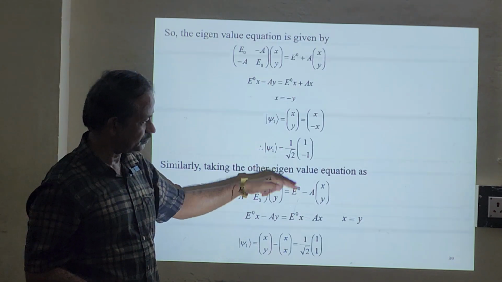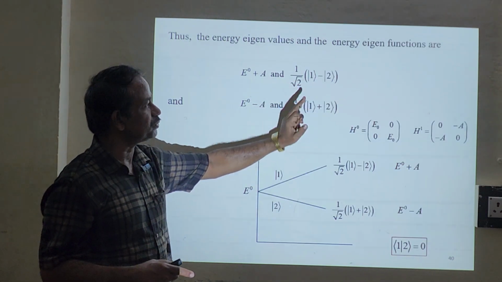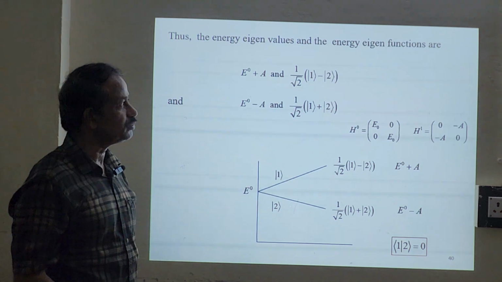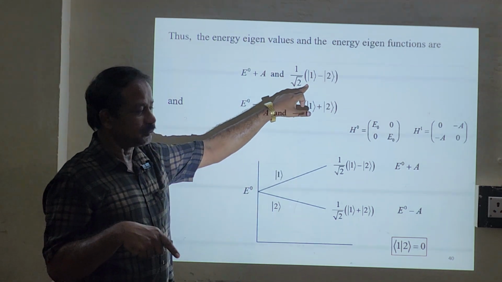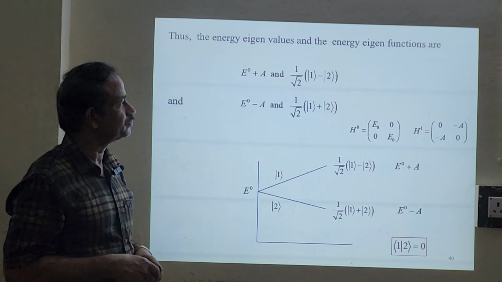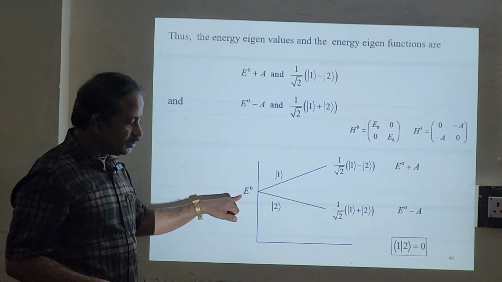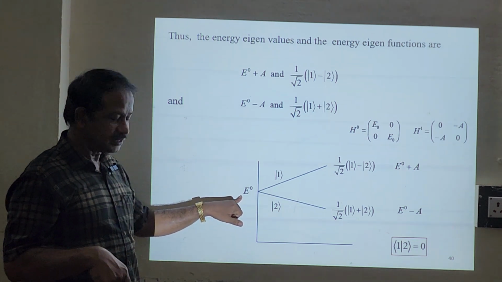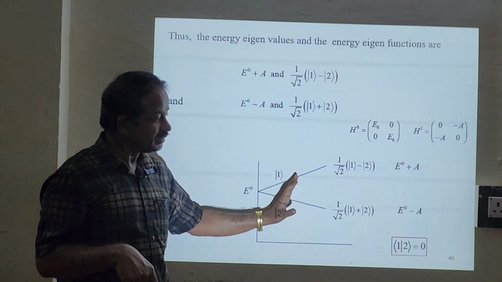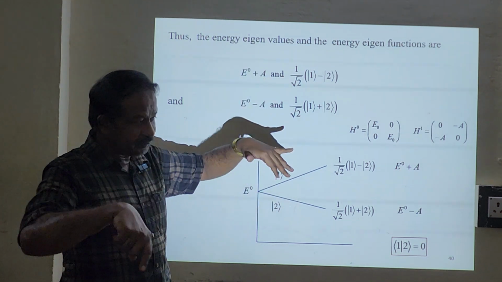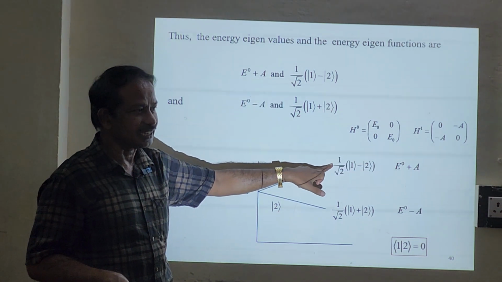See here, this is 1 minus 1 and 1 plus 1, a linear combination of these two. This is psi 1, psi 2; this is ket 1, ket 2. So your psi naught, the ground state function, which has a combination of psi 1 and psi 2, after the perturbation, we have written separately, with energies E naught plus A and wave function exactly like this.